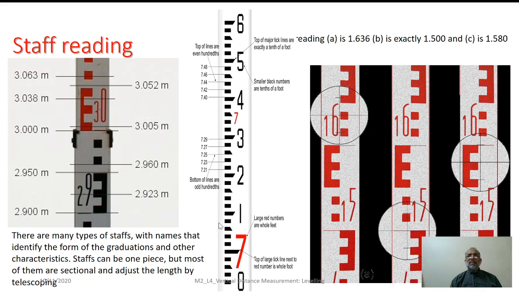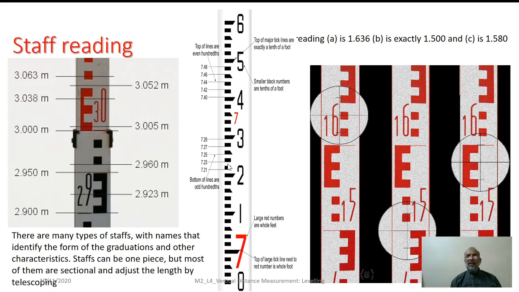Here some other pattern is shown. So the uppermost part of this particular 7 indicates the 0 mark. It is showing the whole complete covered height up to that particular point. Whereas the lower part here is 7.21.